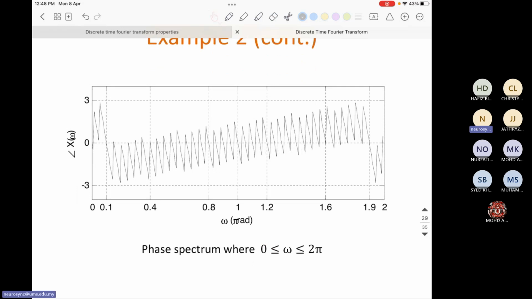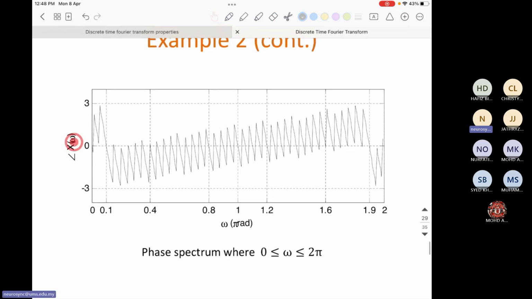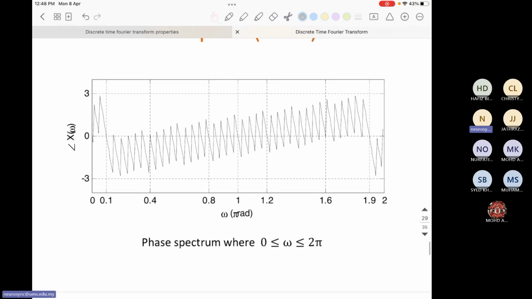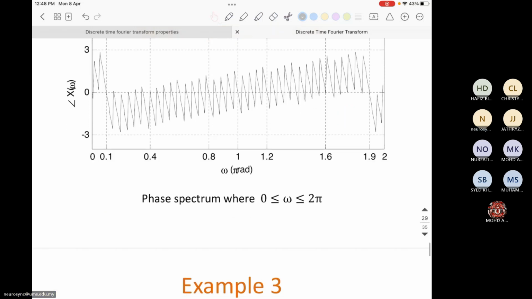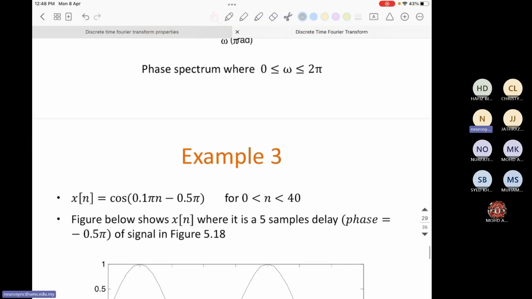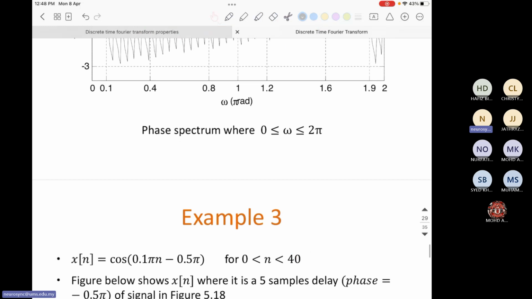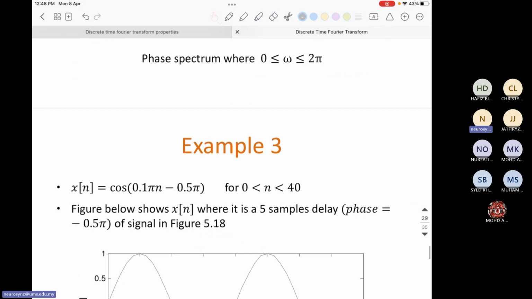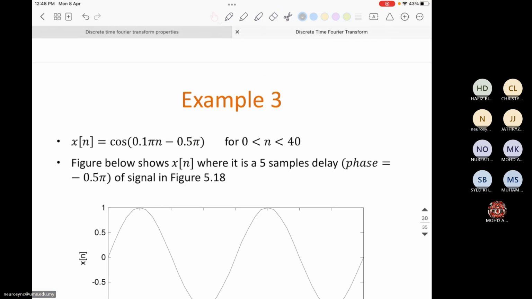Again, if you want to find out the phase, the phase you can also find. So you will get the phase spectrum over 0 to 2 pi like this. It's not plotted here, but from minus pi to pi you can also get the phase spectrum.